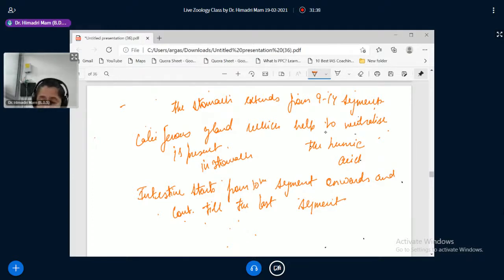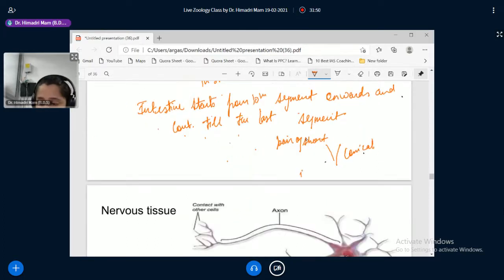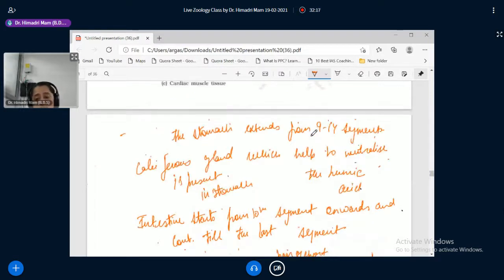There is a pair of short conical intestinal caecae that project from the intestine. The characteristic feature, the typhlosole, is from the 26th segment till the last. Get it?